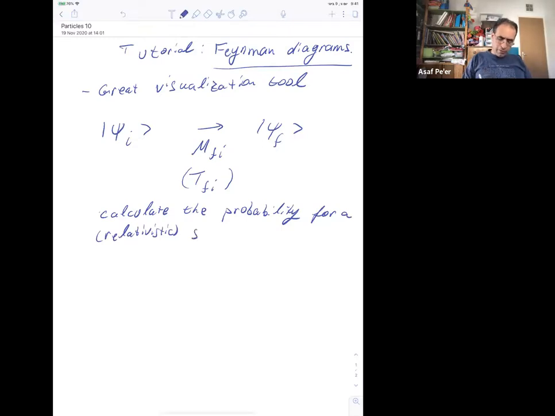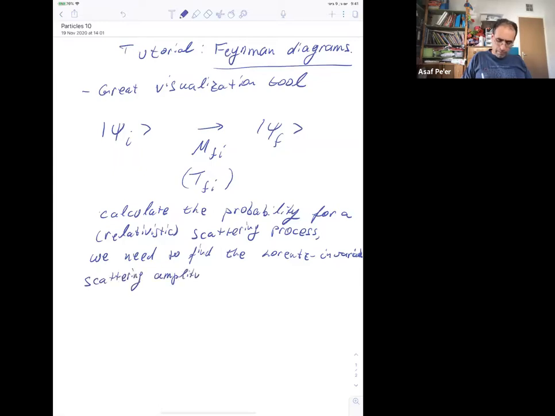For a relativistic scattering process, we need to find the Lorentz invariant scattering amplitude, which is the M.